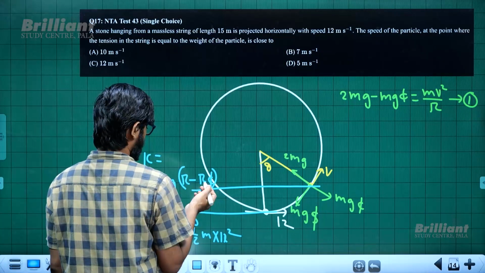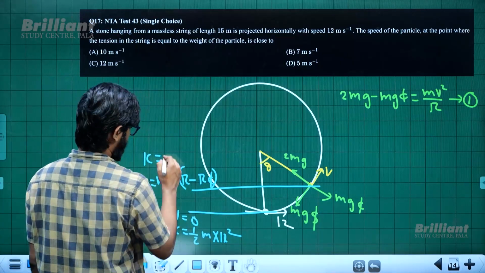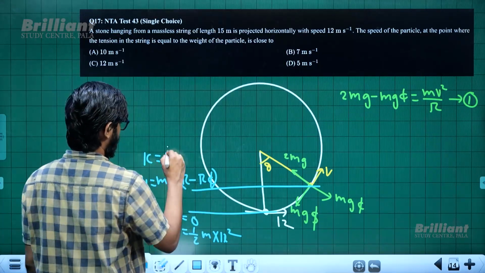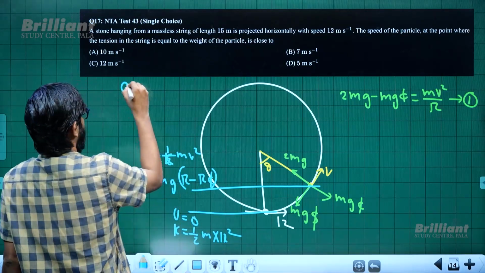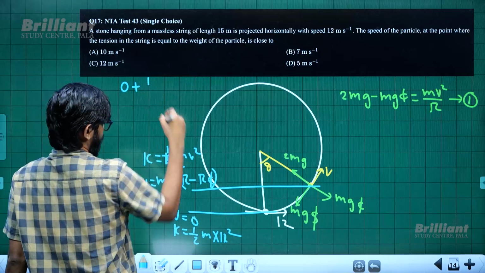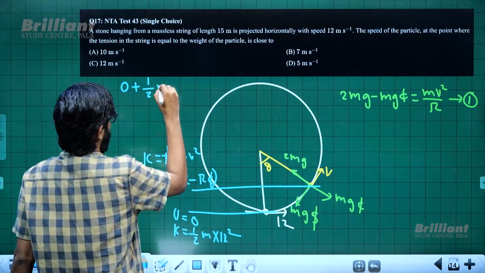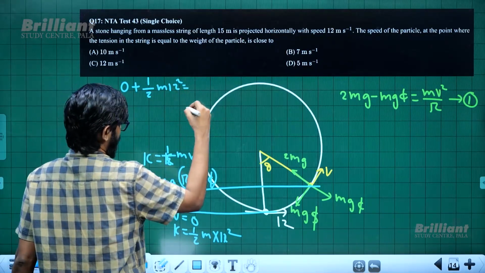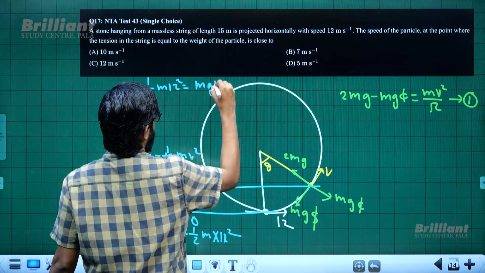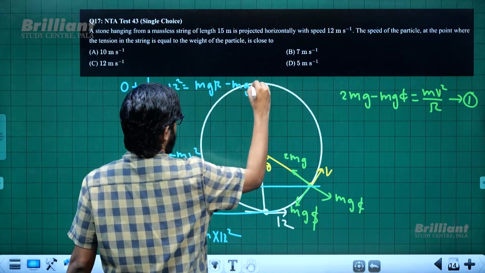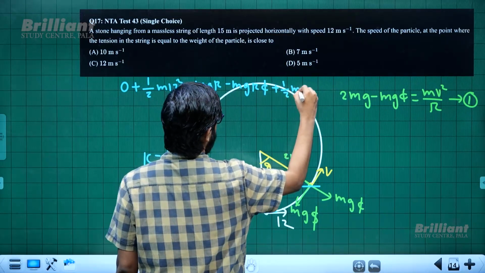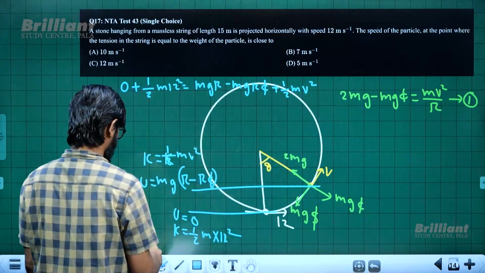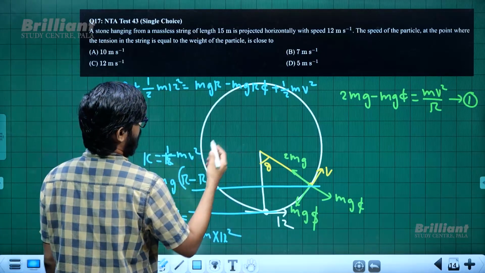Kinetic energy is half m v square. So initial potential energy 0 plus initial kinetic energy half m 12 square equals final potential energy mgr minus mgr cos theta plus final kinetic energy half m v square. Okay, so that's the second equation.